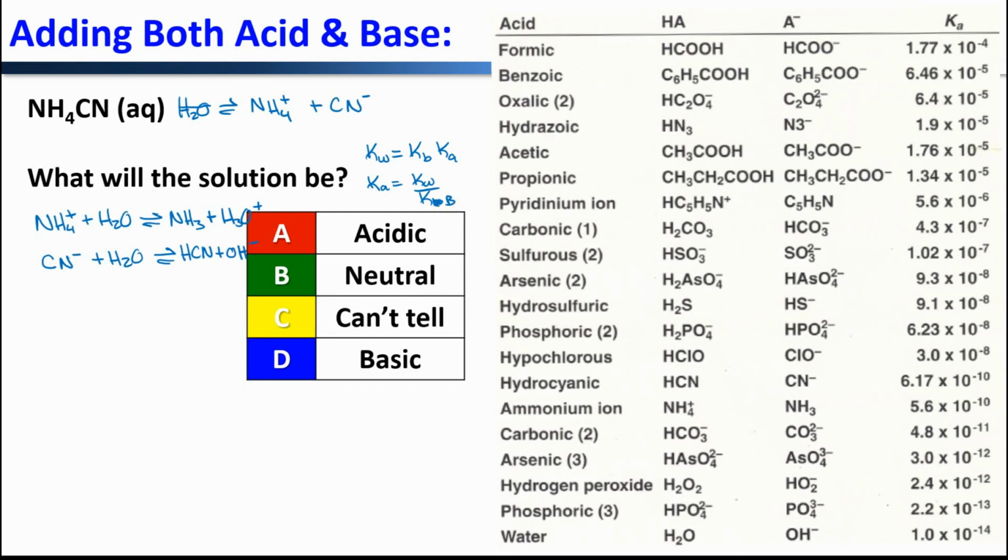So what we're going to do is look here and see if one of those has a higher Ka or Kb, which means it is going to produce more product. If it's going to produce more product, then that is going to be the dominant reaction.